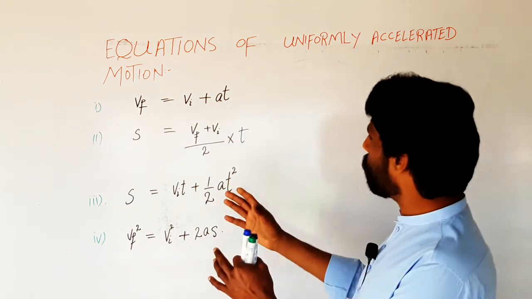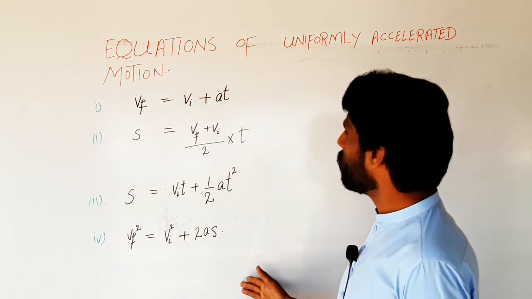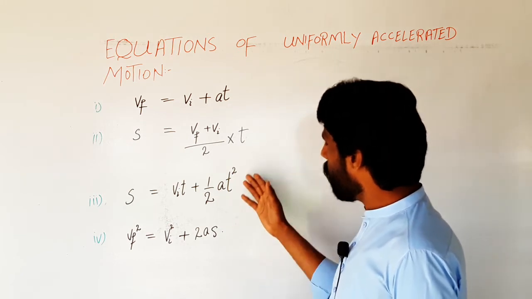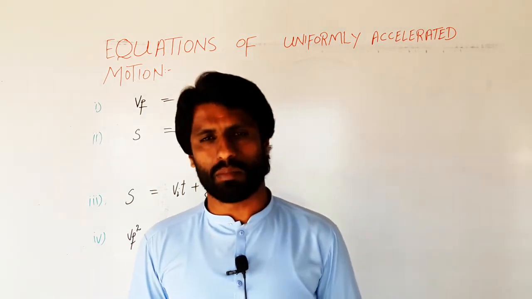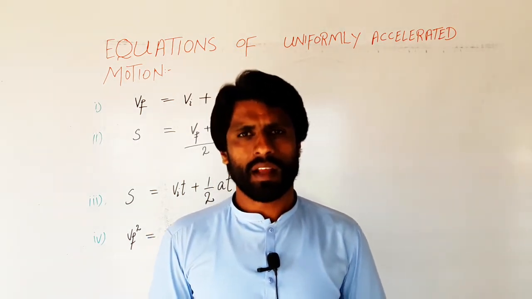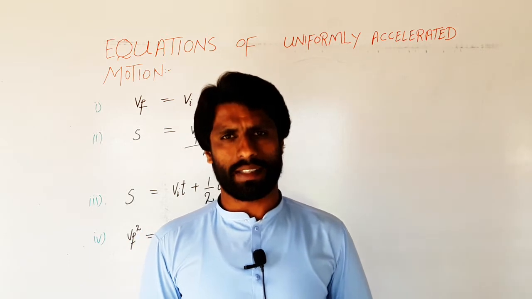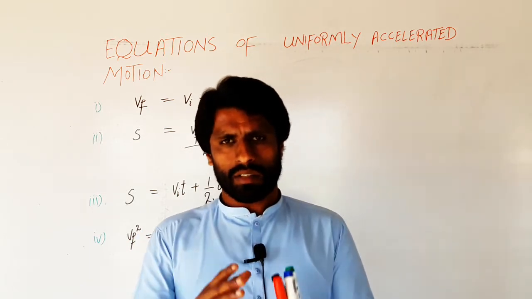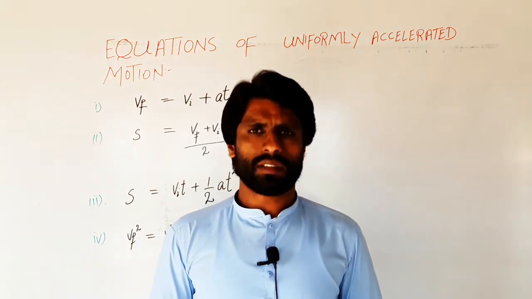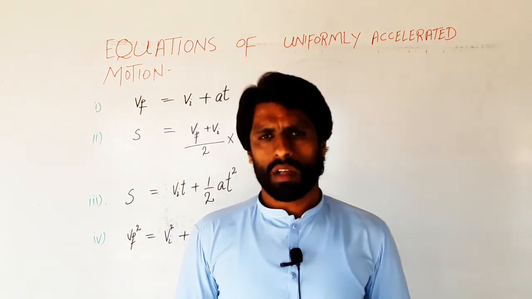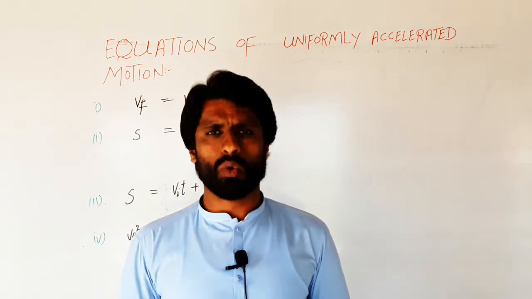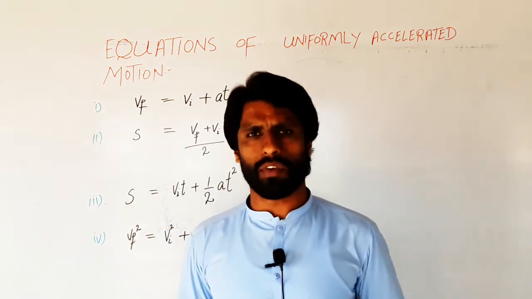And what is the purpose of the other equations, formulated to explain the uniformly accelerated motion of an object? Today we will discuss these effects, these purposes, and why it is required to formulate the different types of equations.